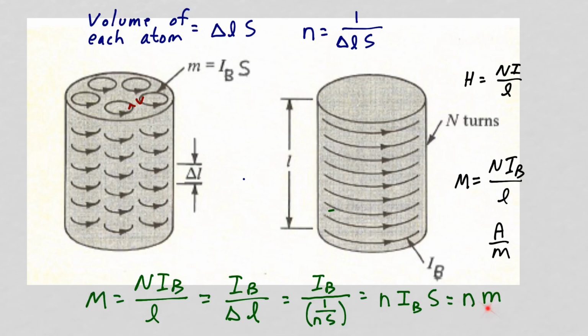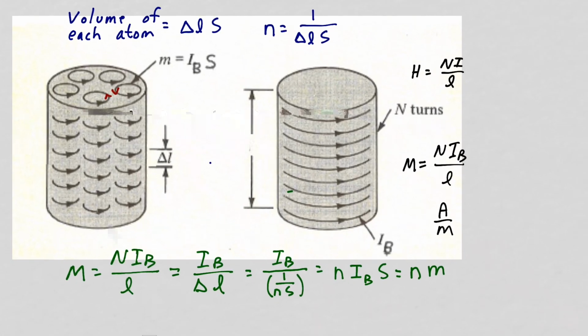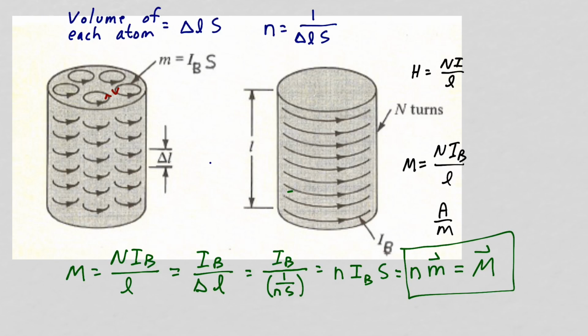So the direction of the magnetization will be in the direction of the magnetic dipole moment. So magnetization is the product of the density of the atoms times the magnetic dipole moment of each atom. So n is the number of atoms per unit volume. m is the magnetic dipole moment per atom.